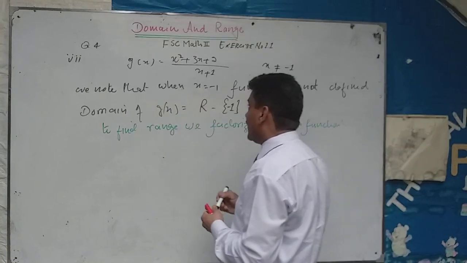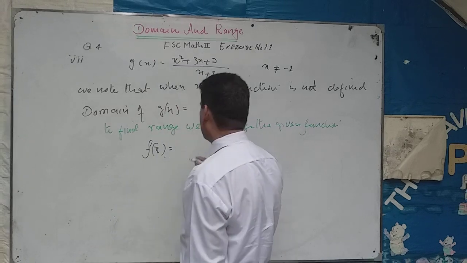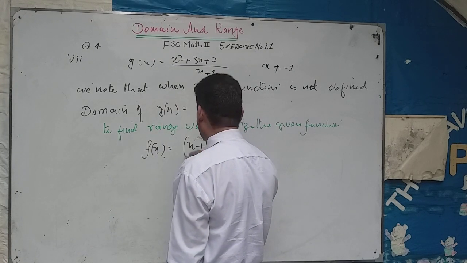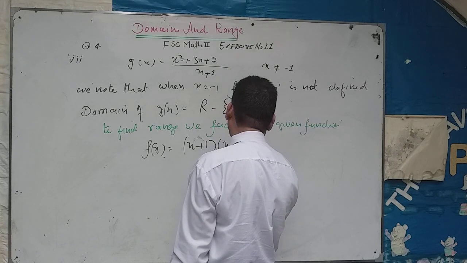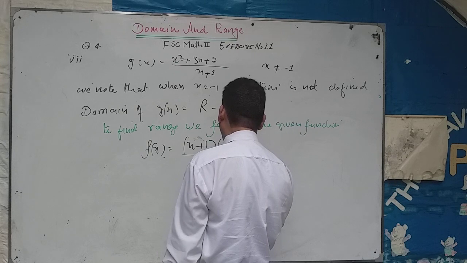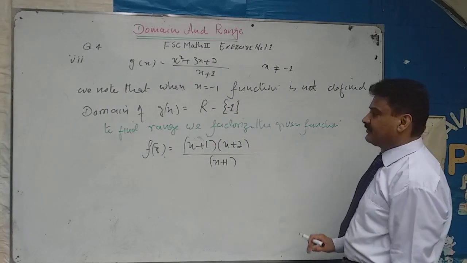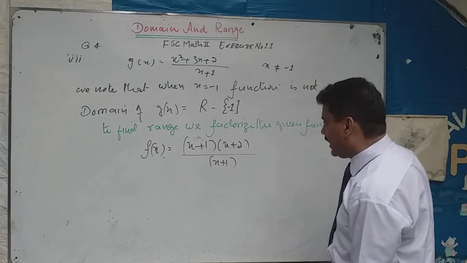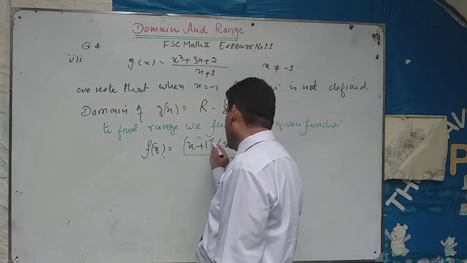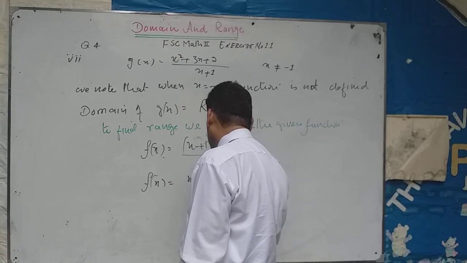We write f of x as x plus 1 multiplied by x plus 2 by x plus 1. By factorizing, we will get f of x as x plus 1, x plus 2 by x plus 1. We cancel x plus 1, x plus 1. The remaining function f of x is equal to x plus 2.